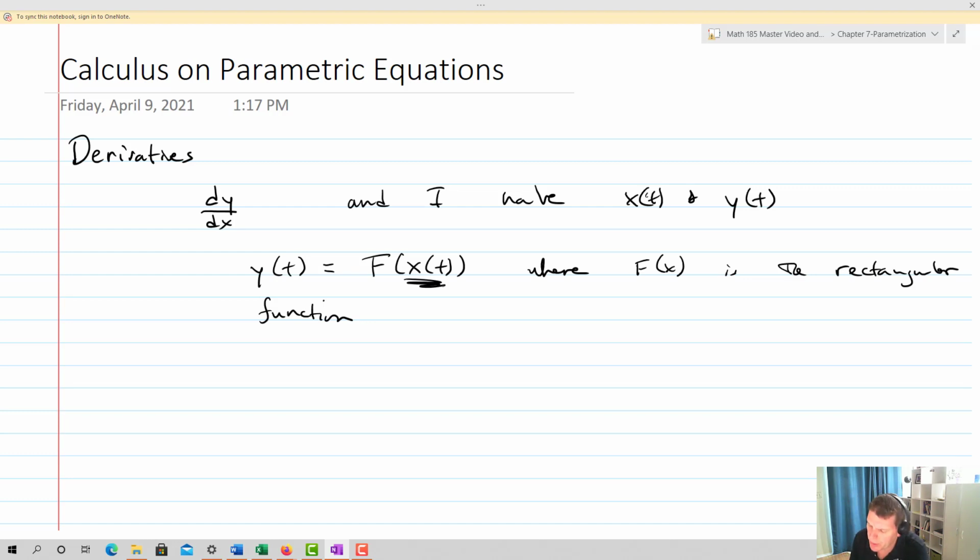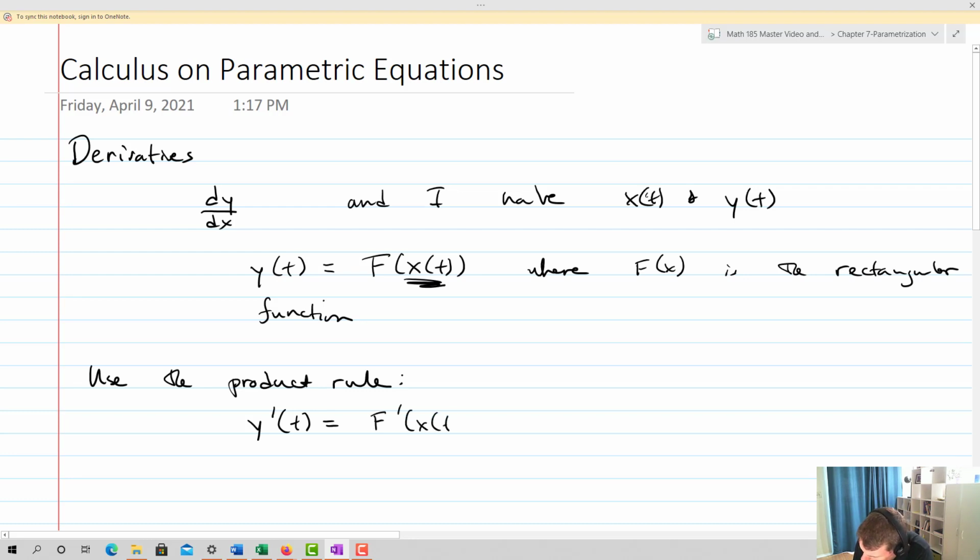So now what we're going to do is use the chain rule. When we use it, y prime of t is going to equal f prime of x of t times x prime of t. And since f prime of x of t equals dy/dx, we can just substitute.